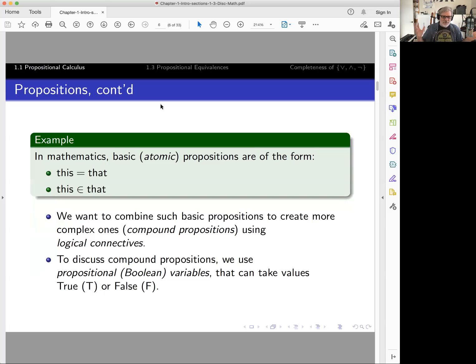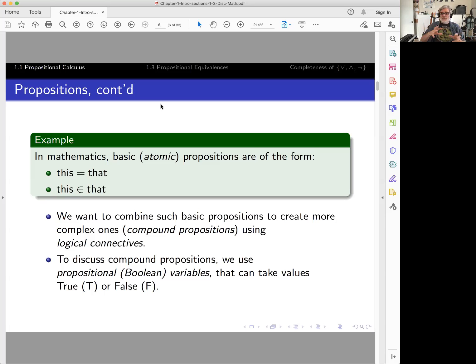Essentially, all propositions in mathematics are of this form, basic, actually atomic propositions. Again, when we start talking about quantifiers, we'll make that a little more complicated. But the very basic minimal propositions that you deal with in mathematics are of this form. Either two things are equal, or this thing is an element of that set. Basically all of math is built around propositions of this form.